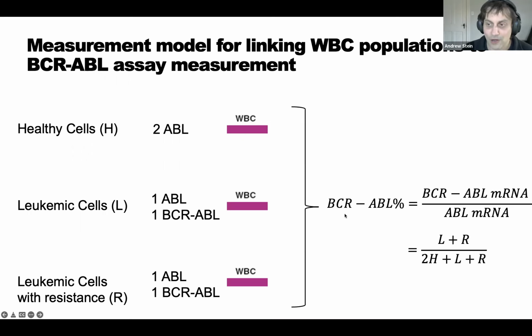Our measurement assay is PCR with the ratio of BCR-ABL to ABL. So you're taking the sum of all the BCR-ABL transcripts, 1 from the leukemic cells L and 1 from the resistant leukemic cells R, and then all the ABL transcripts down here: 2 from the healthy cells and 1 from each of the leukemic populations.